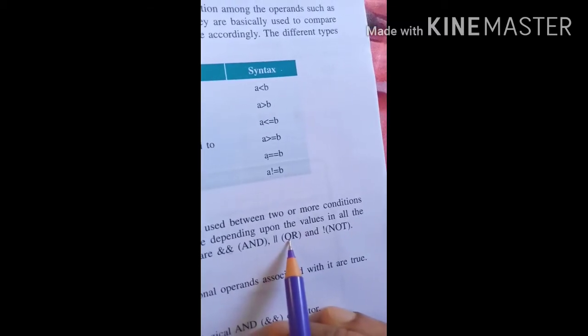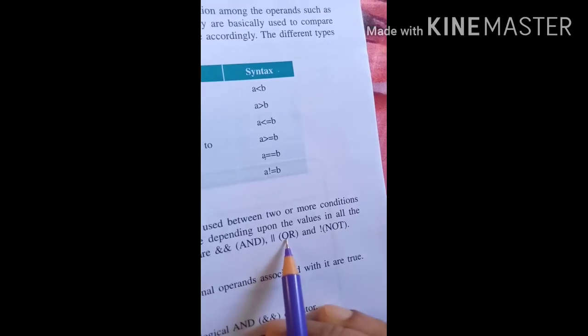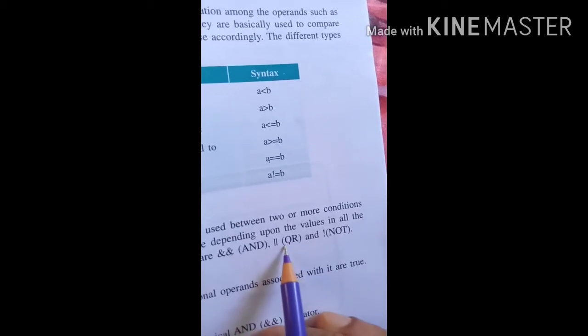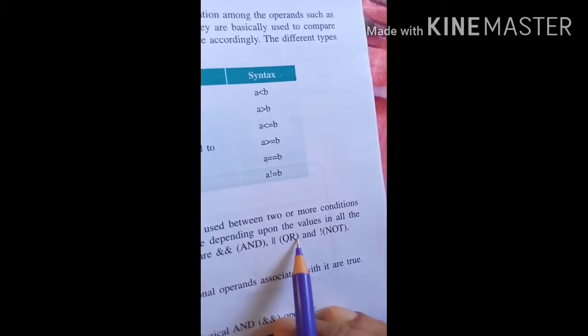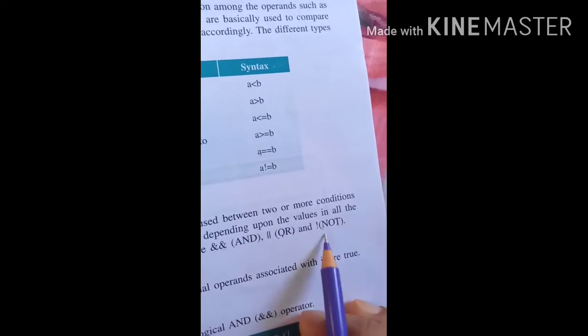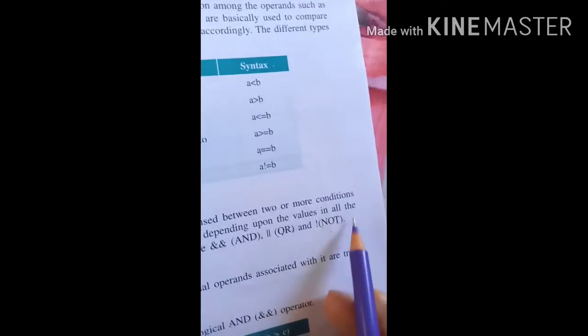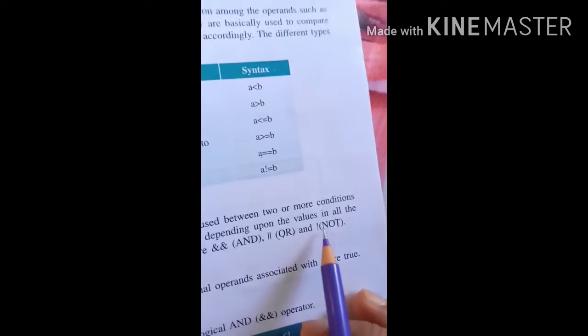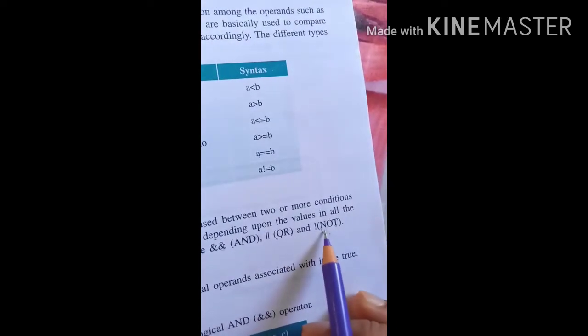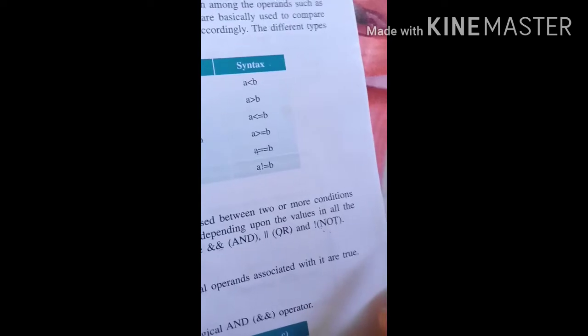If two conditions are there, one should be true, then the statement will execute. And for NOT, if both conditions are false, then only the not statement will execute as true.